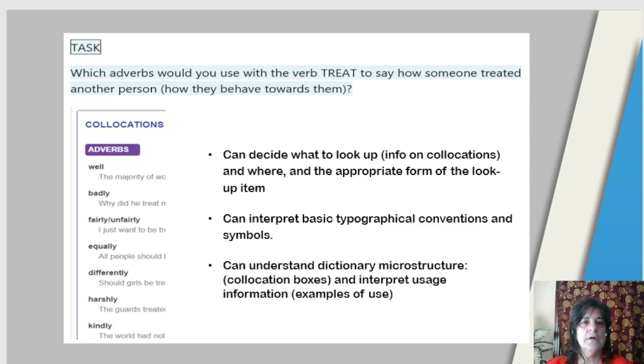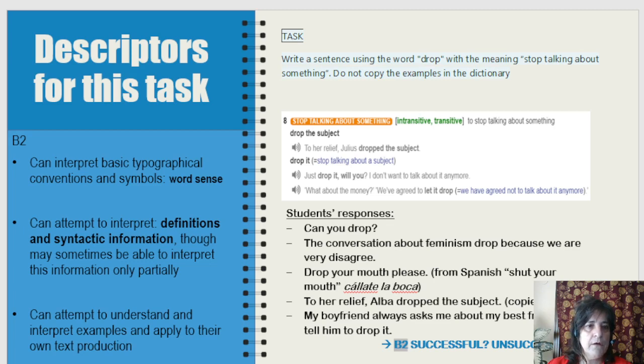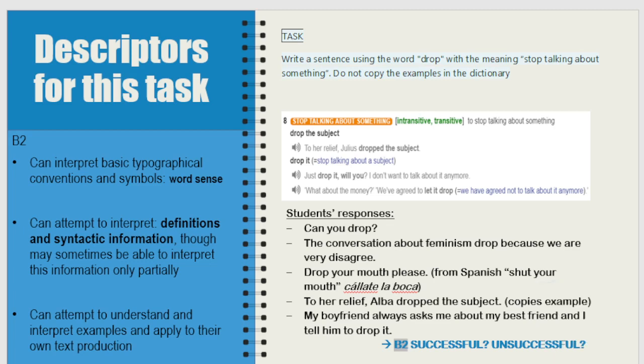So this is also a very simple task where the students need to decide what to look up and where, how to interpret the typographical conventions and symbols, and they should be able to understand this particular dictionary microstructure, identify or locate collocation boxes, and interpret the usage information that is provided by means of, for example, examples of use in this case.